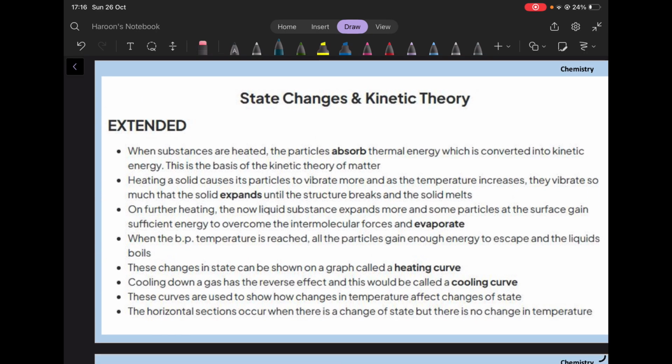Okay, now when substances are heated, they absorb thermal energy. When they absorb thermal energy, some of that energy can be converted into kinetic energy. So the particles start vibrating more and more. That is what was happening in the melting as well as condensation phase.